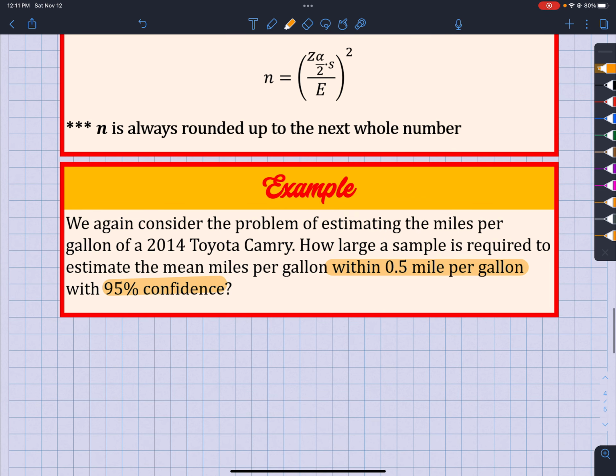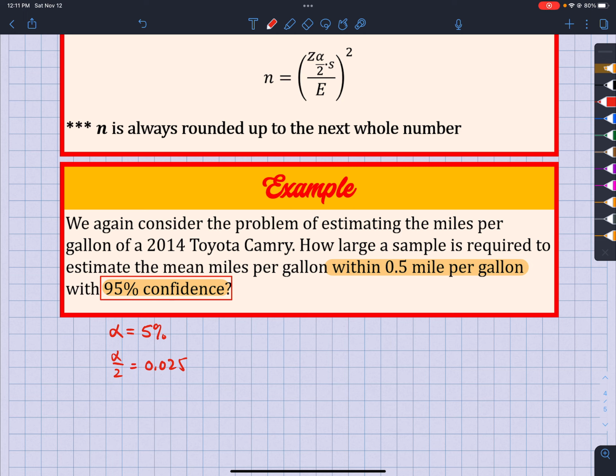So, again, the 95% confidence tells me that alpha is equal to 5%. So alpha divided by 2 is equal to 0.025. Okay.